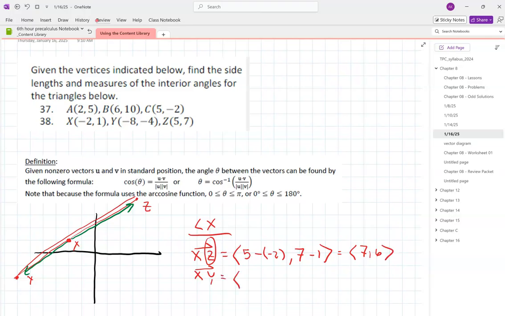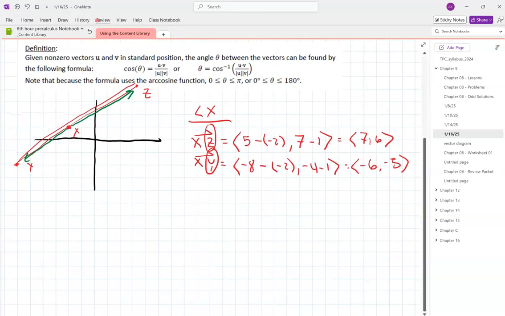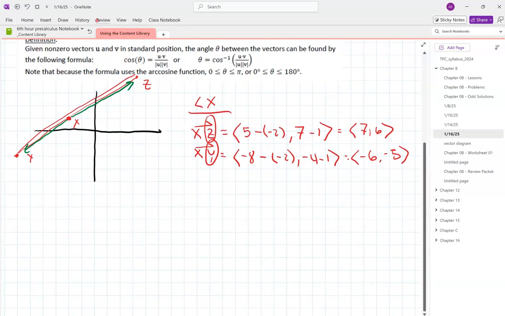We'll do the same thing now for XY. Again, the Y is the head because it's over the head of the arrow. So far, so good.